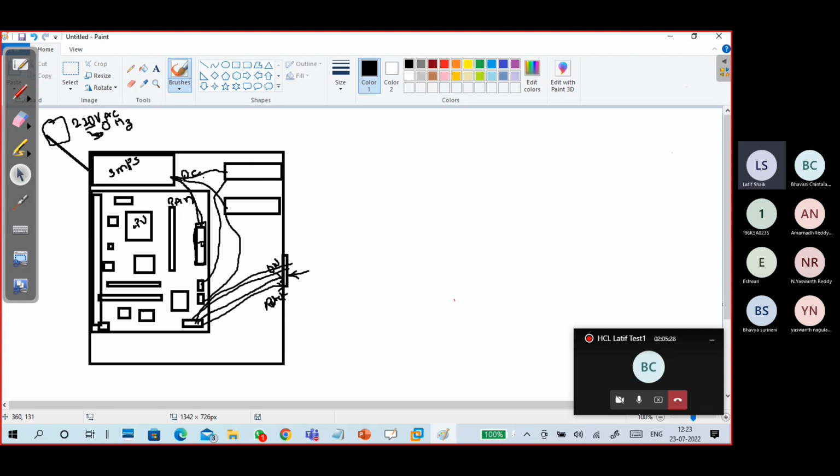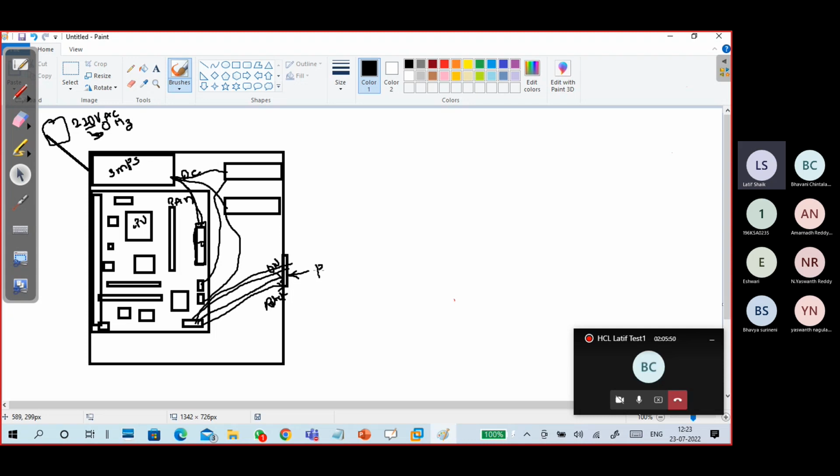So when SMPS is on, your motherboard-connected components and hard disk, CD-ROM, floppy disk if it is there, will also get a power supply. When will power supply go?